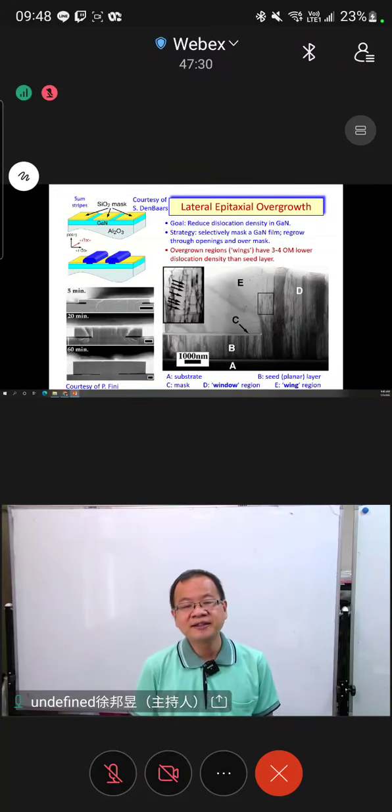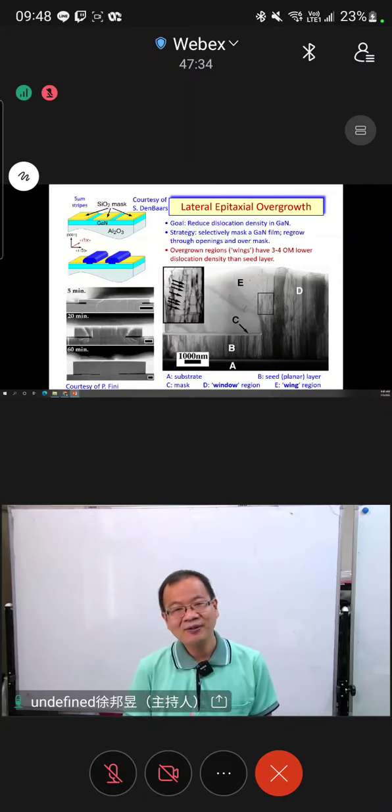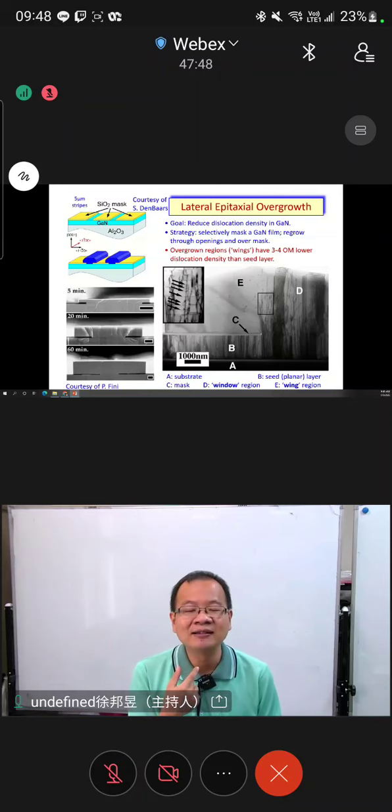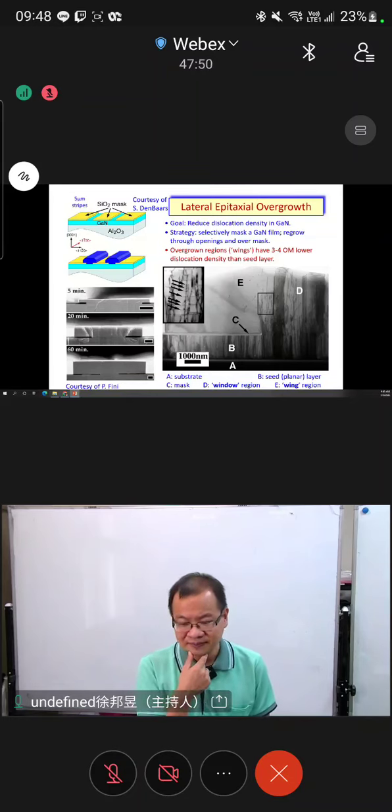However, you look at the C part. The C part looks clean, right? What's the difference between the growth mechanisms of C and D? Can you see that? You can also look at the top left pictures.